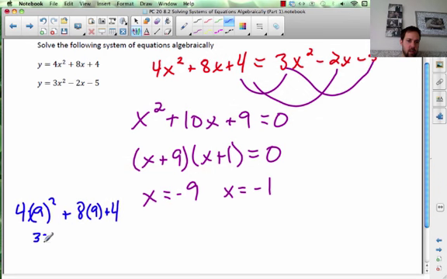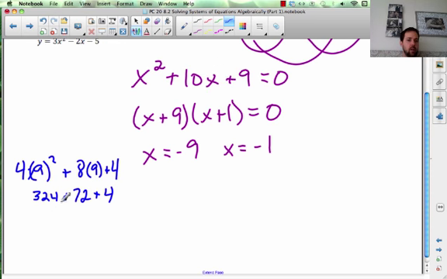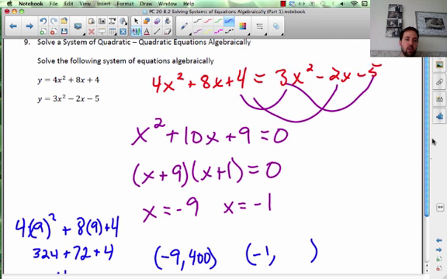Okay, so 324 plus 72 plus 4. So 396 plus 4 is exactly 400. That's nice. So then our point is minus 9 and 400. I'm going to test it with the other one, and then I want you to find out which y value corresponds with an x value of minus 1.